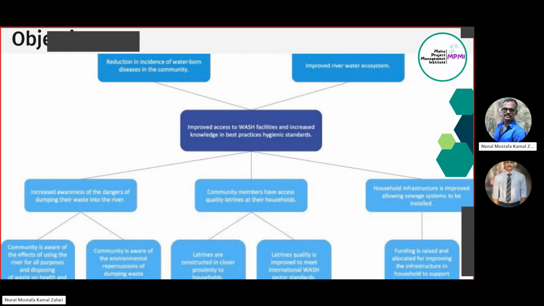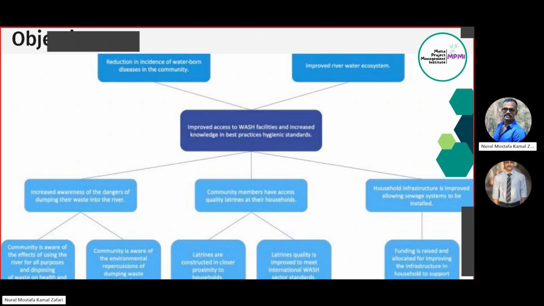Now, if we can do these small things which are below the problem tree, or sorry, objective tree, what will happen? We can reach the smaller objectives. If we can reach the smaller objectives, we can reach the main objective.